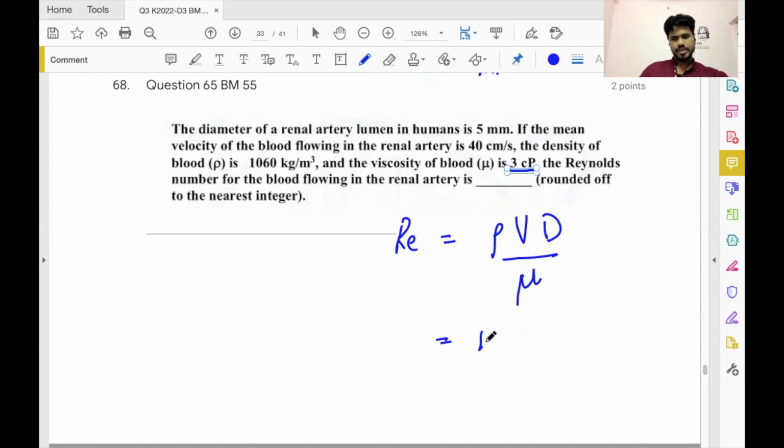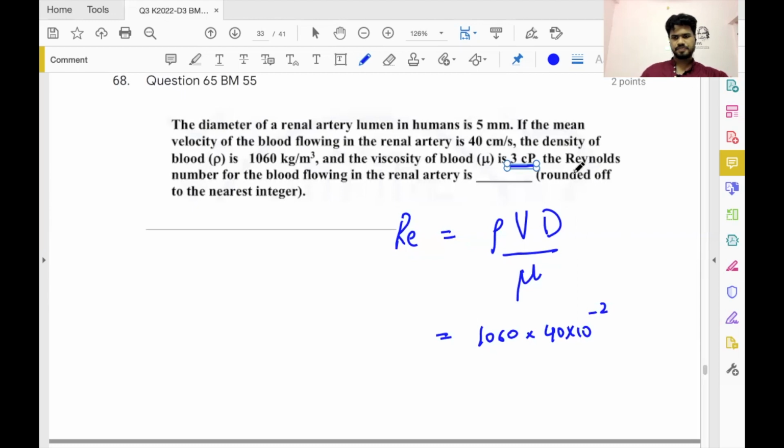Density of blood is 1060. Mean velocity is 40 into 10 power minus 2 meter per second. And then diameter is 5 into 10 power minus 3, divided by mu. So one poise is 0.1 Pascal second.